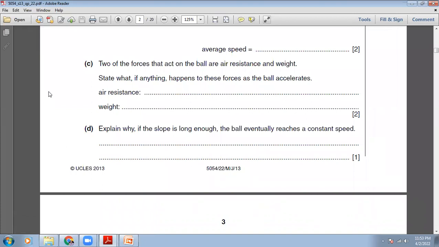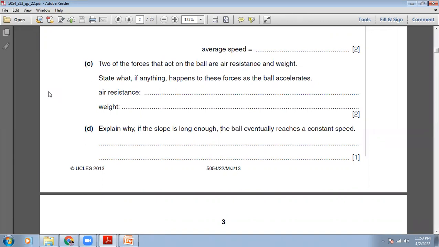Two of the forces that act on the ball are air resistance and weight. State what, if anything, happens to these forces as the ball accelerates. The air resistance depends upon many factors, but one of the main factors is the speed of the body. The greater the speed of the body, the greater the air resistance experienced by that body.